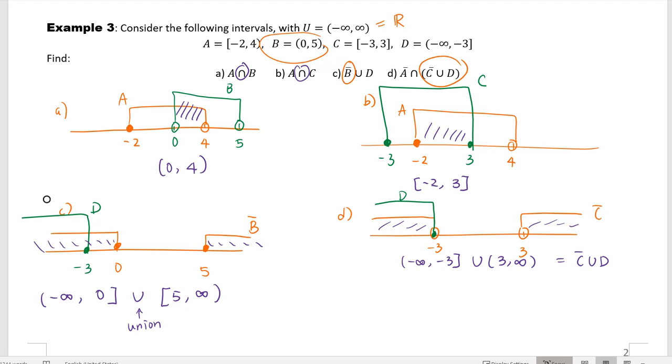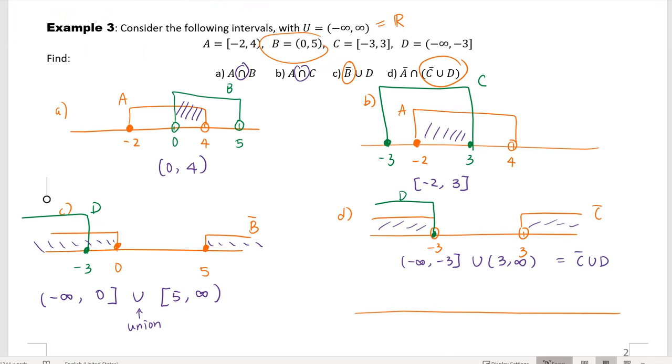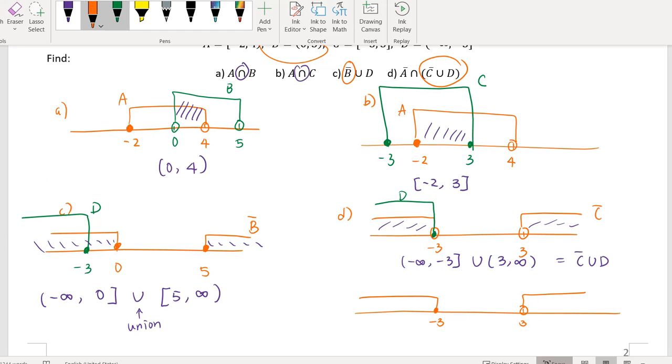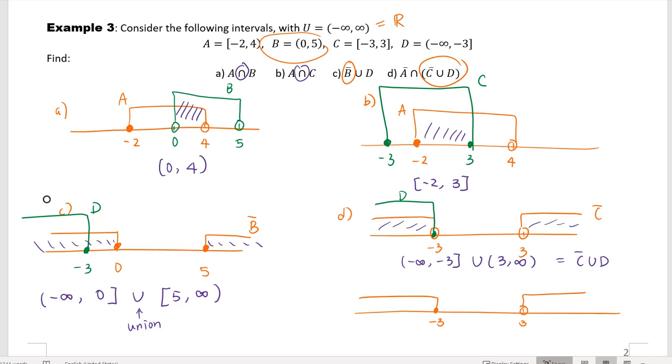We're not done yet, because next we want to compute A complement intersect with that. Let's write it down here. So -3 and 3. What is A complement? A is -2 right here, 4 right here. Because A includes -2, the complement does not include -2.